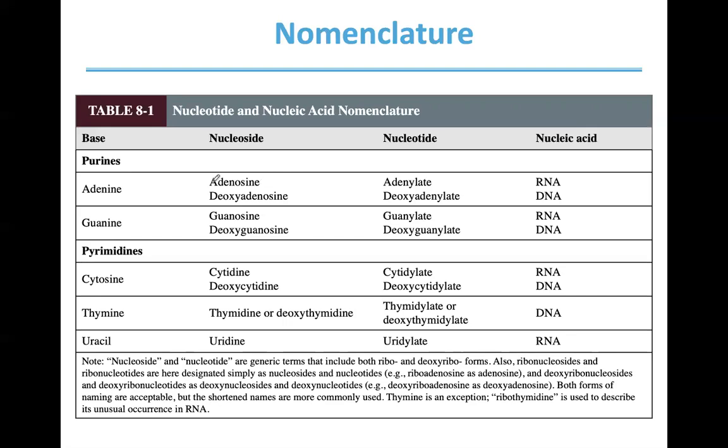Okay, so let's start with bases. So there are 5 bases. Adenine and guanine, these are purines, and cytosine, thymine, uracil. Okay, so these are bases.